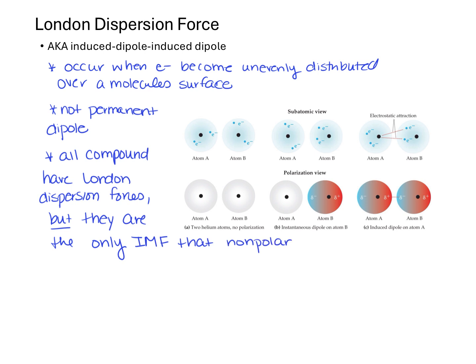So if you can identify a molecule as nonpolar, the only intermolecular force it's got is London dispersion force. It is our weakest intermolecular force.